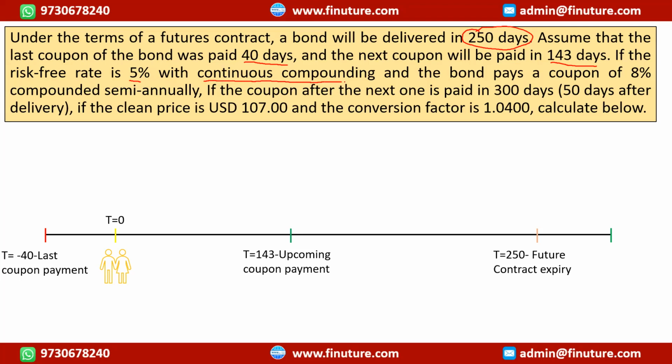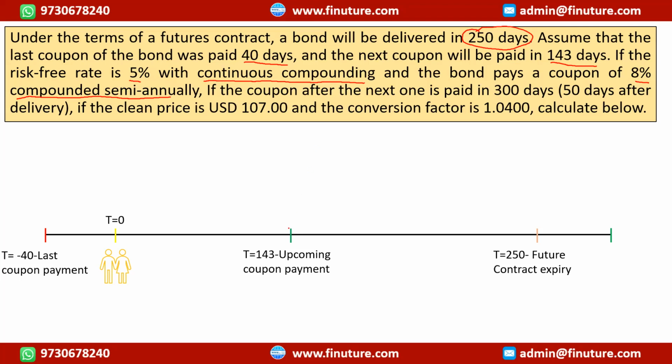We will draw one more table, whatever has been given to us. The bond pays 8% annually, but it is compounded semi-annually. The coupon after the next one is paid in 300 days.